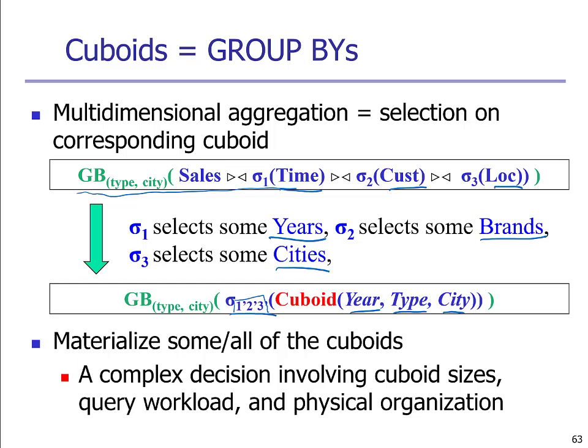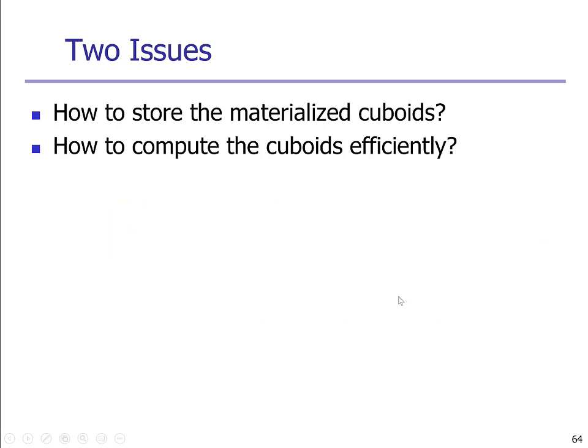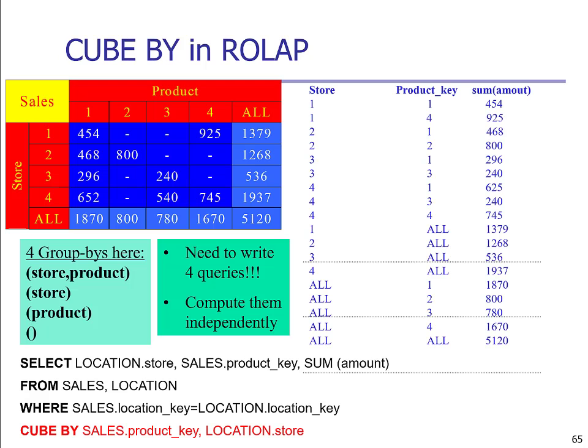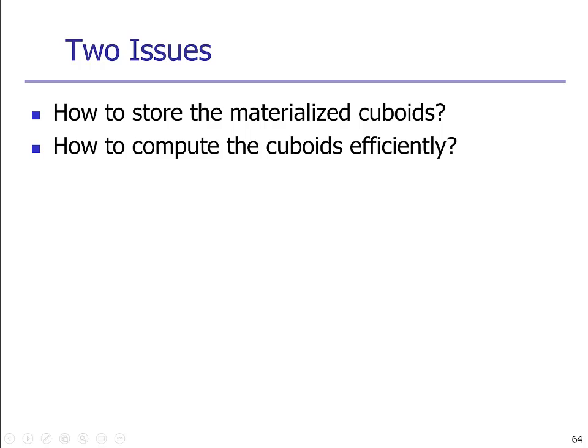So, using cuboids to support such queries, there are two issues that we need to address. One is how to store the materialized cuboids, and the other is how to compute the cuboids efficiently. If you still remember the lattice of the cuboids, we're going to do something essentially the same.